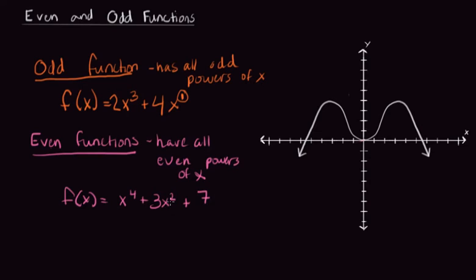Now remember that the 7 is actually an even power here because it's really x to the 0. X to the 0 power is 1, so we can consider this to be an even power of x. So this is kind of extra, we don't really need to write that, but you can think of it as an even power of x.